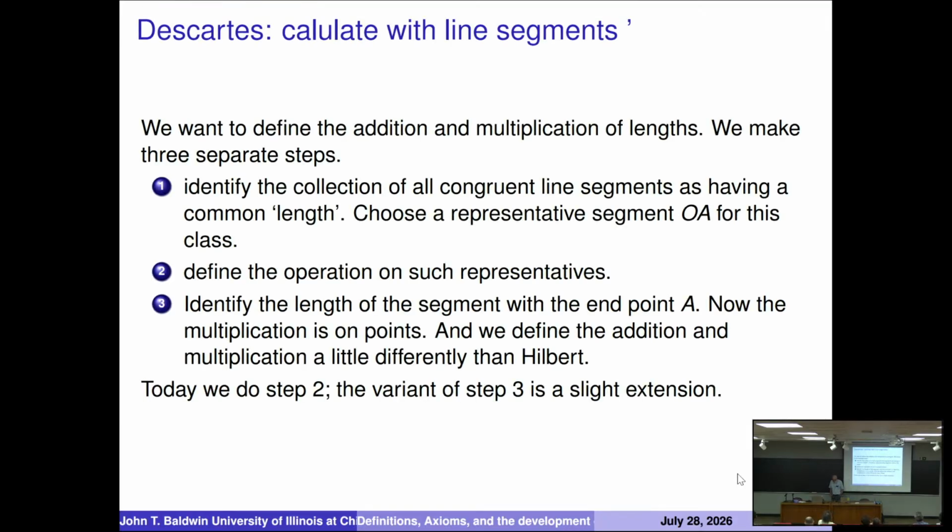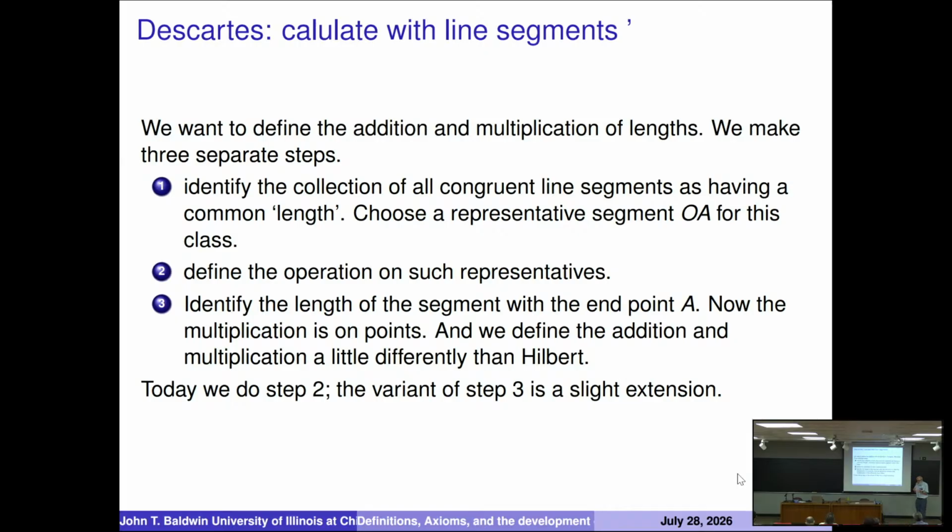Okay, so what I want to do is just give some notion of this calculation with line segments. I haven't read Descartes closely, so I'm not sure this is exactly what he's doing. I'm actually going to use Hartshorne's variation instead of Hilbert's. You say, all right, what am I going to take for my numbers? It has to be a congruence class of segments, that is, a length.